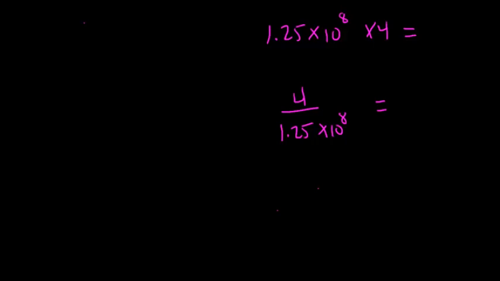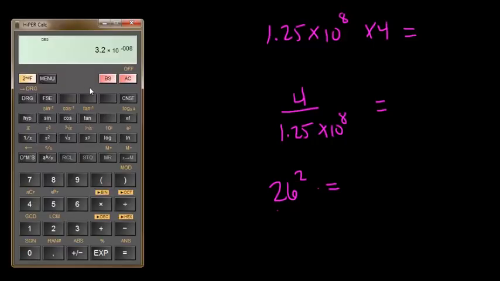Okay, what if we have 26 squared? Now you probably know how to do this. Okay, so let's go ahead and clear this out. Most calculators have an x squared button specifically. If your calculator does not have an x squared button, you probably have this x to the y power.